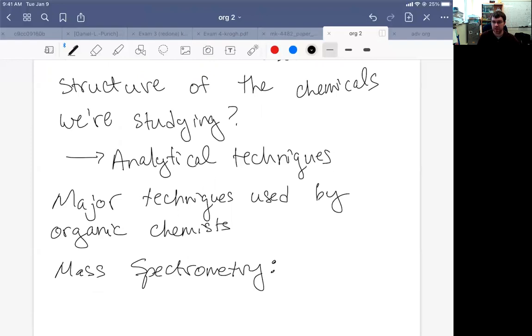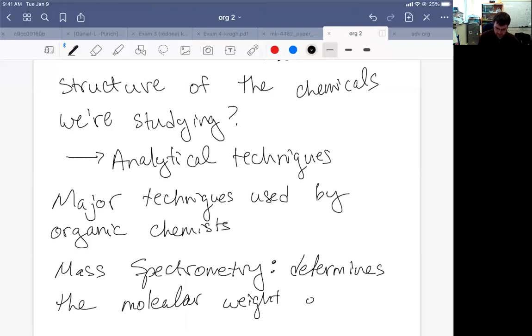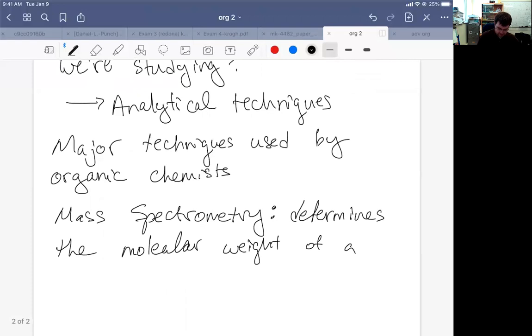I really wish I could devote a considerable amount of time to mass spectrometry in the course, but it's just too challenging to fit everything in, to be honest with you. So we will just mention it in passing here. Mass spectrometry is an analytical technique that determines the molecular weight of a molecule.